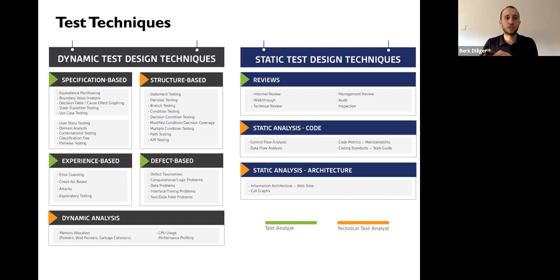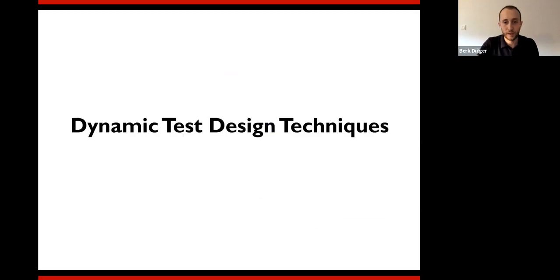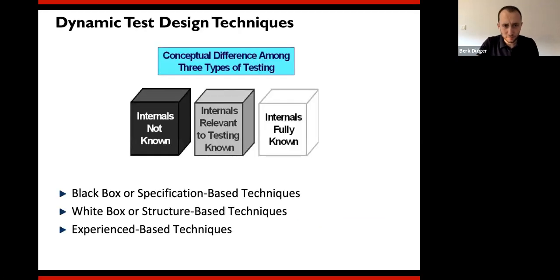Today, I'm going to mention specification-based black box dynamic test design techniques and how to use them in our testing efforts. Okay. So, in the dynamic design technique category, as you have seen in the previous page, there are different subcategories.